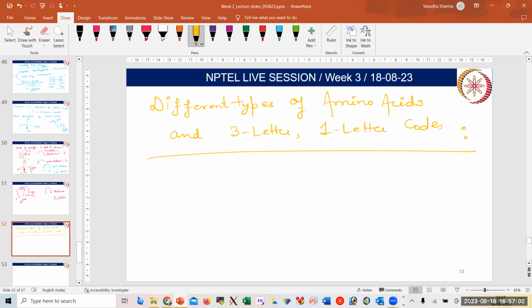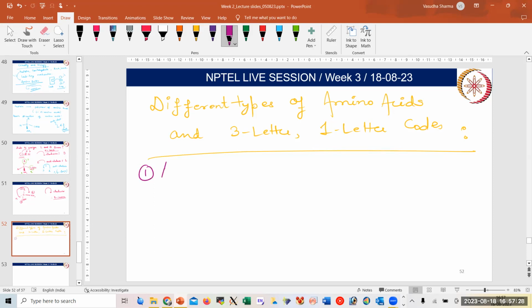So we will start. Generally, we have certain classes of it, which are aliphatic, aromatic, acidic, basic, polar, sulfur containing, amine containing groups. So 6 classifications we have basically in amino acids.